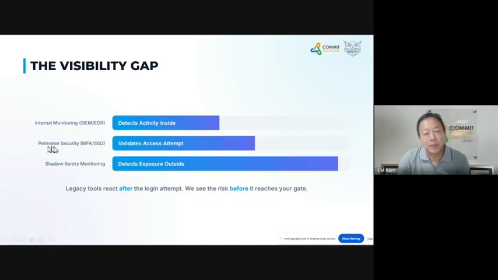Your perimeter security, like your single sign-on and multi-factor authentication, validates access at the time of login, and maybe you have access management that validates the user. But what we are looking at is really external from what you are doing internally. And again, as I said, all these are looking for infiltration or things that are abnormal. But if you log in with a valid credential, nothing is abnormal; it's actually very normal.